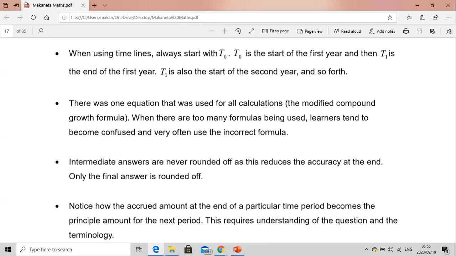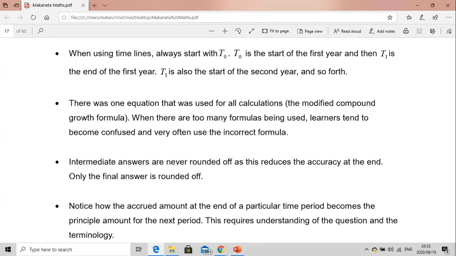And then T1 becomes the end of the first year. I hope that it makes sense. So we always write T0 there when you begin the year, because the year has not yet ended. You are still at the beginning. So you start with 0. But T1 simply means the year 1 has ended.